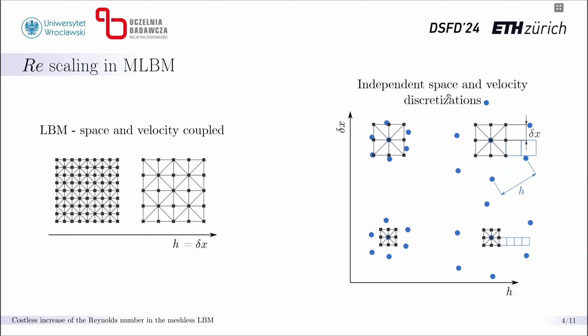In this way, some reference length of the problem, let's say the distance between this point and this point, is represented by more lattice sites. Equivalently, we can keep the streaming distance intact and scale only the positions of the discretization points.